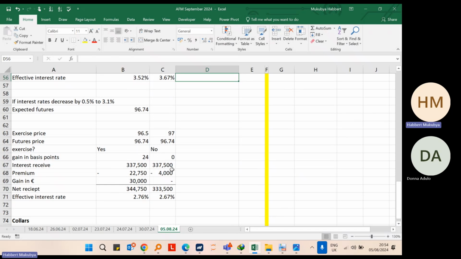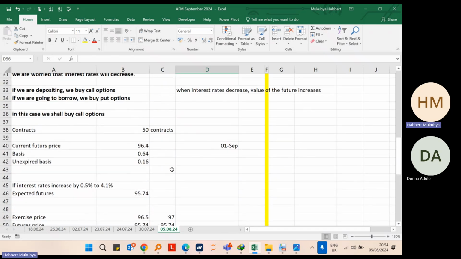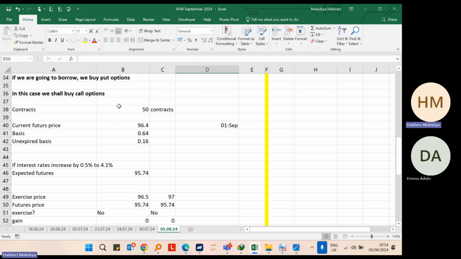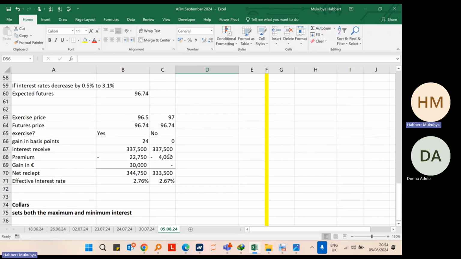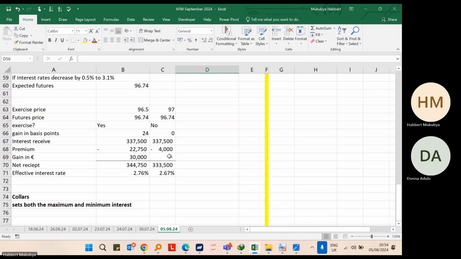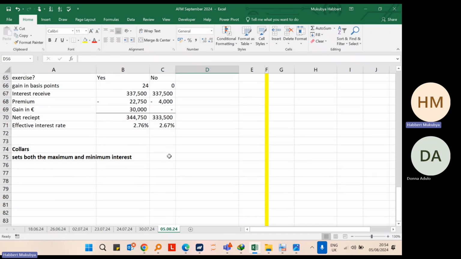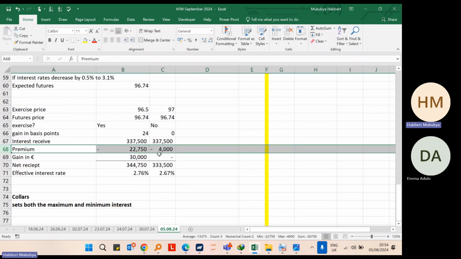Now, if you bought a collar, it hedges this transaction like we have done, but it also creates a minimum and a maximum. The reason why people do that is this premium here. You see, premium is expensive. And even if your hedge doesn't need it, you have already incurred it, right?